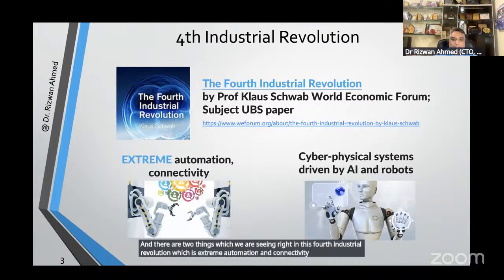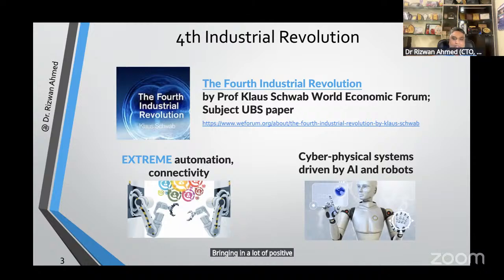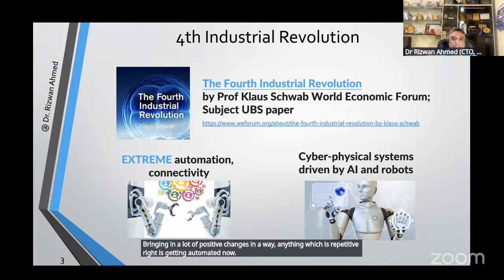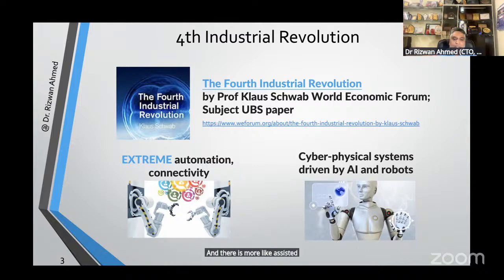Everything around us is being transformed in a good way by utilizing artificial intelligence, deep learning, generative AI, and bringing in a lot of positive changes. In a way, anything which is repetitive is getting automated now. And there is more assisted intelligence available to us, minimizing human involvement as much as possible.